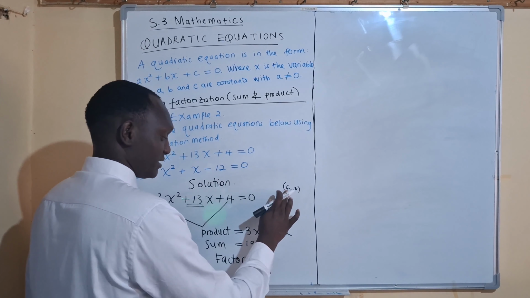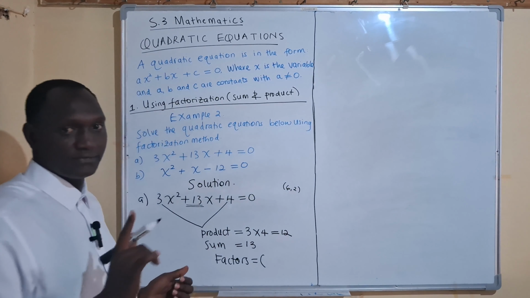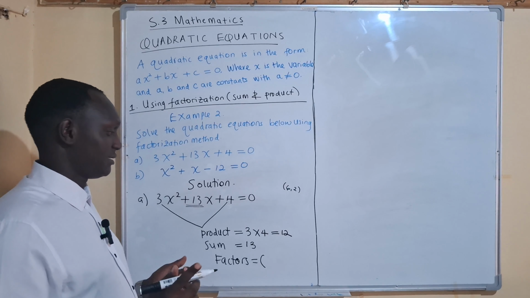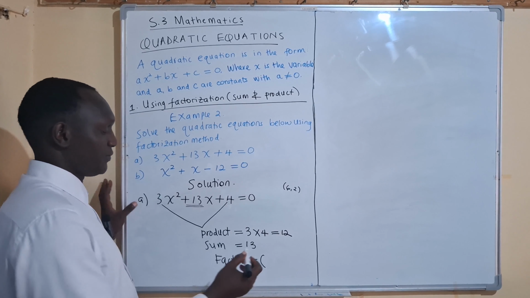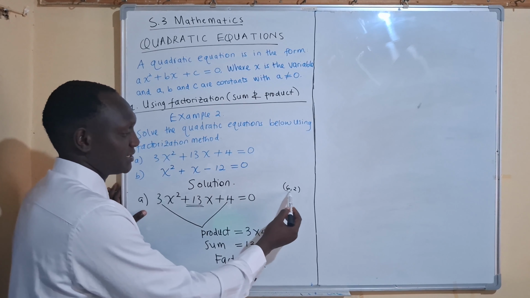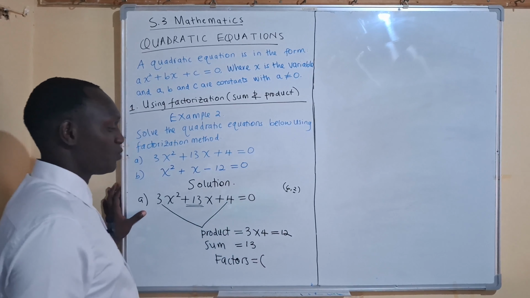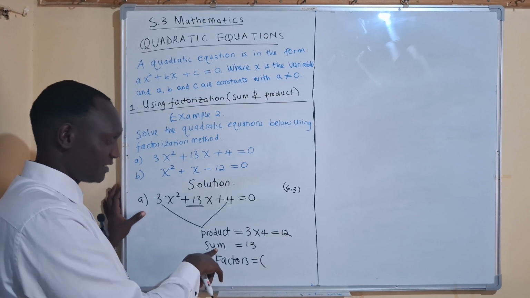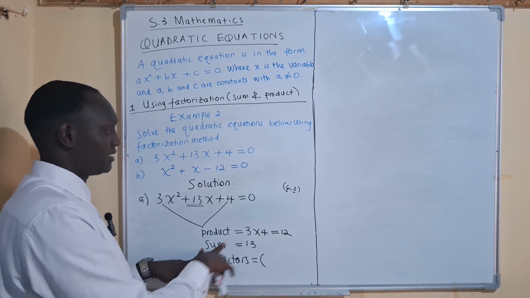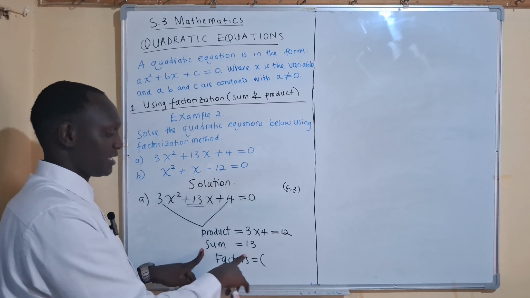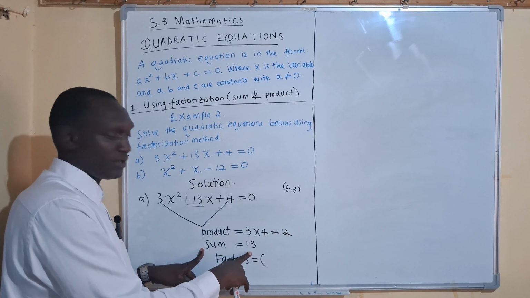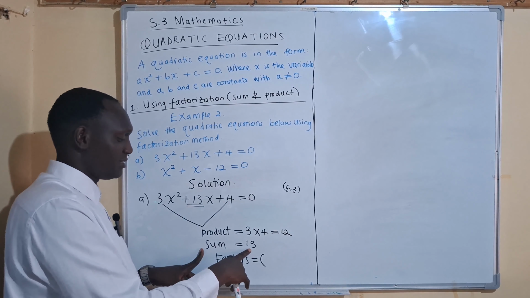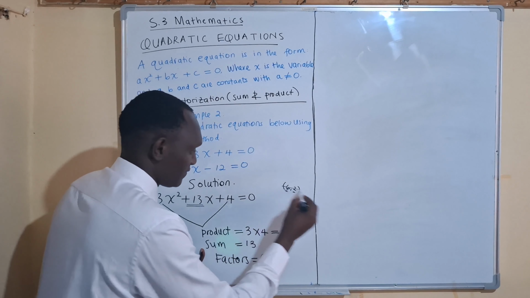These are not yet factors until they are verified. 6 times 2 is 12, correct? But let's check the sum part. 6 plus 2 is 8, but we are looking for those that give us 13. So these are not the factors.